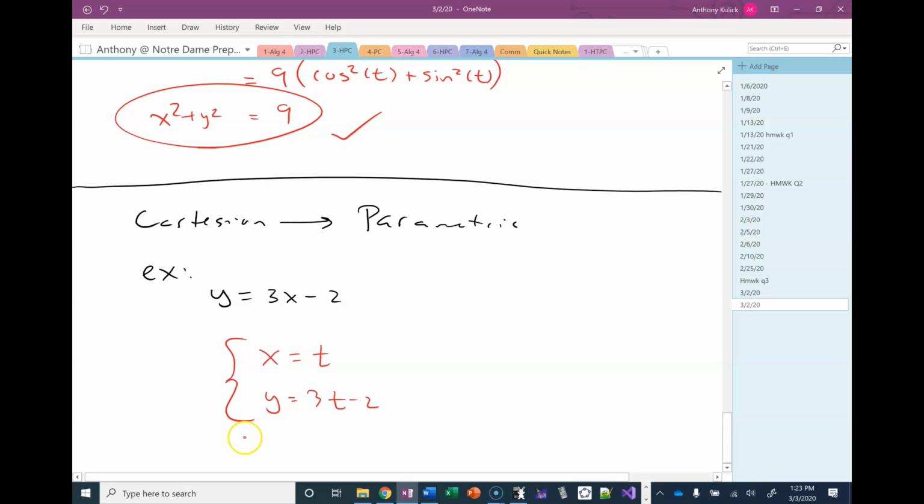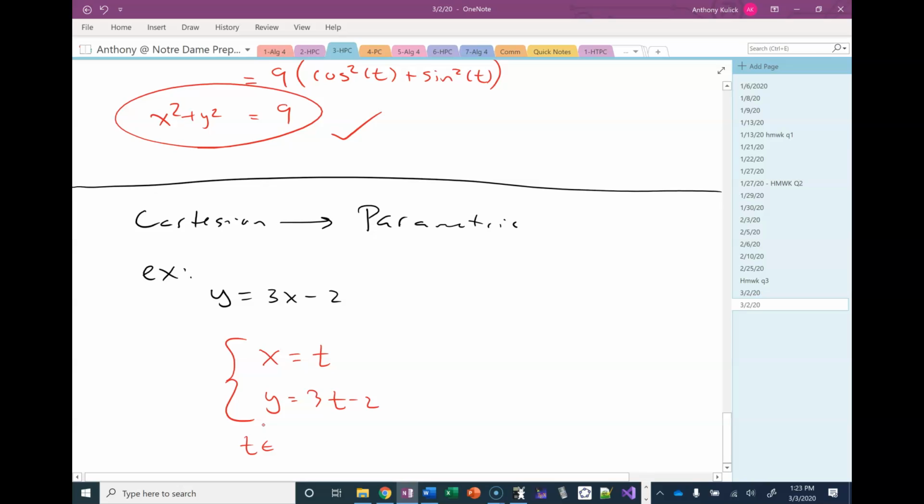There's one last thing we need, and it's the interval over which this function is defined, the parameter interval. This is the big advantage of choosing x to be t. Whatever the domain of x is going to be the same as the interval for t.